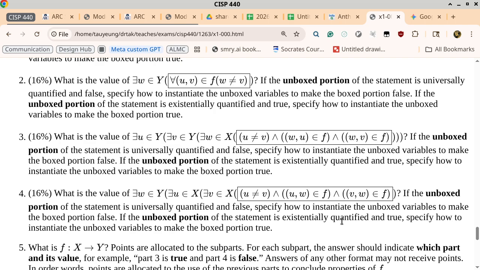Okay. All right, so this one is basically saying I can find one element of y, one element from y, and one element from x, such that w does not equal v.